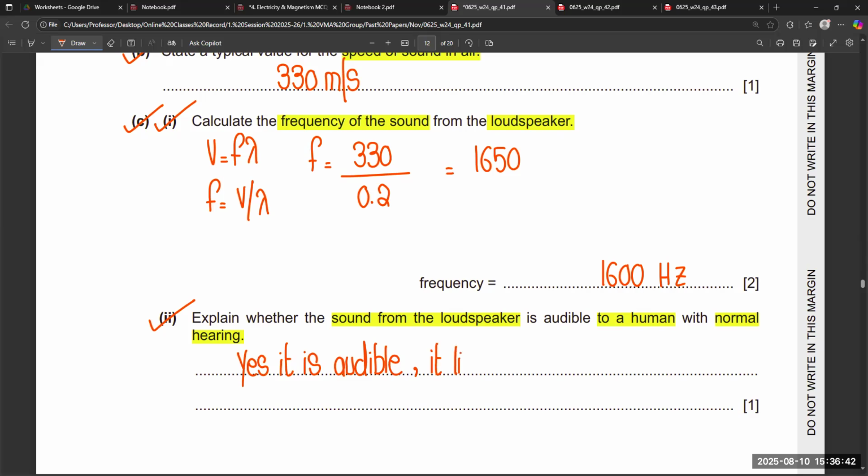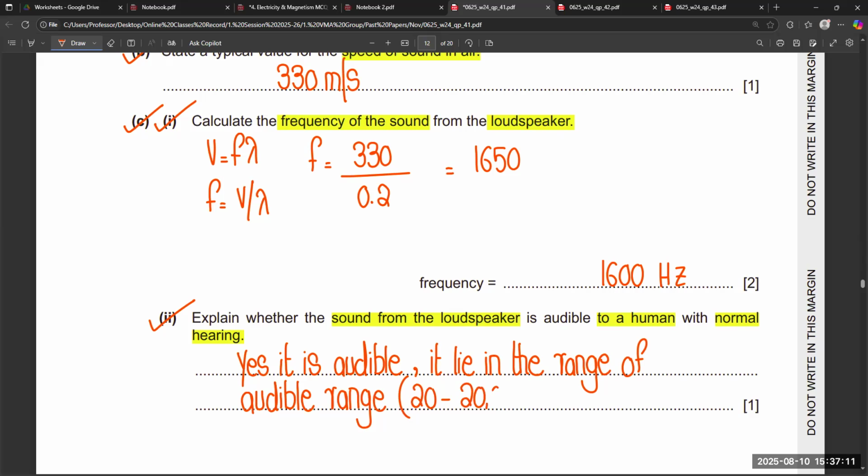It lies in the range of 20 to 20,000 hertz.